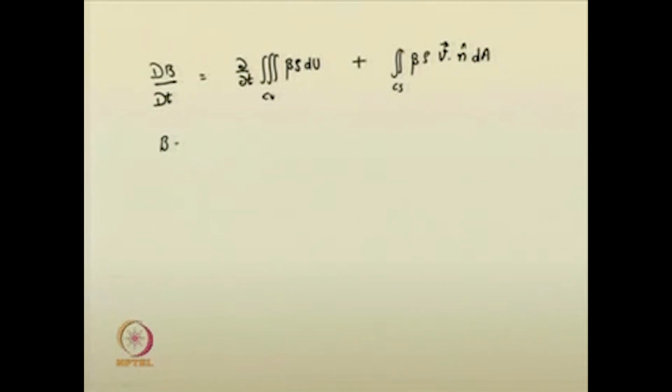B is the extensive property, and beta was called the intensive property.